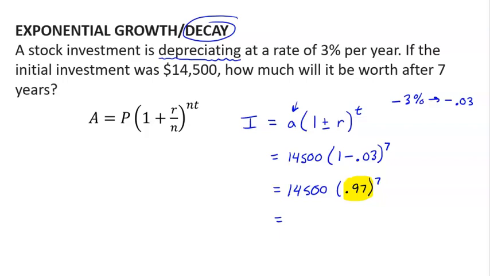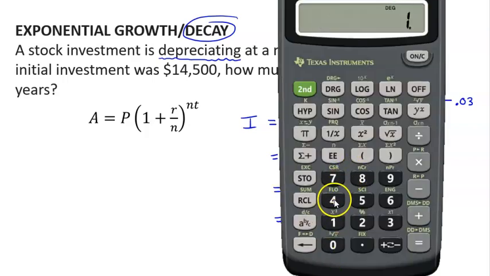And then from here, I can pop this into my calculator. 14,500 times 0.97, let's clear out my calculator, and then y to the x 7, and I get 9,402.9, and then let's make it look more like money. So that 5 would change that 2 to a 3.